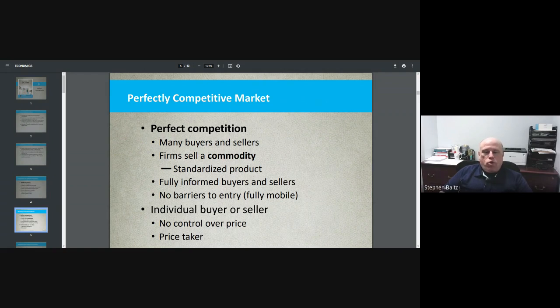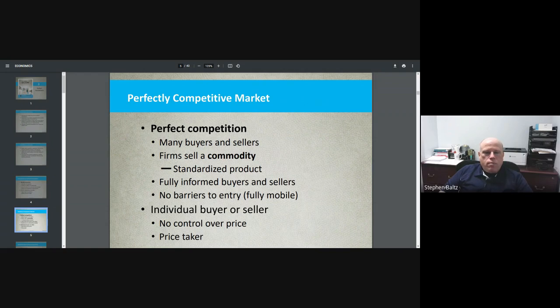So they're a price taker. And also, in perfect competition, you're basically selling a commodity product, a standardized product, a product that can't be differentiated. So one producer is selling the same exact product as another seller. All the sellers are basically selling the same basic product.